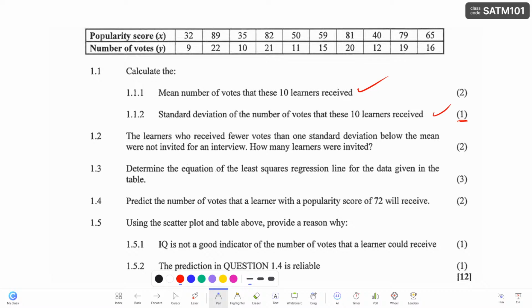So I'm going to go to mode, then press stat. If you're using Casio, then press 1. So you're going to have only one table. In that table, you're going to punch 9, 22, 10, 21, 11, 15, 20, 12, 19, 16.